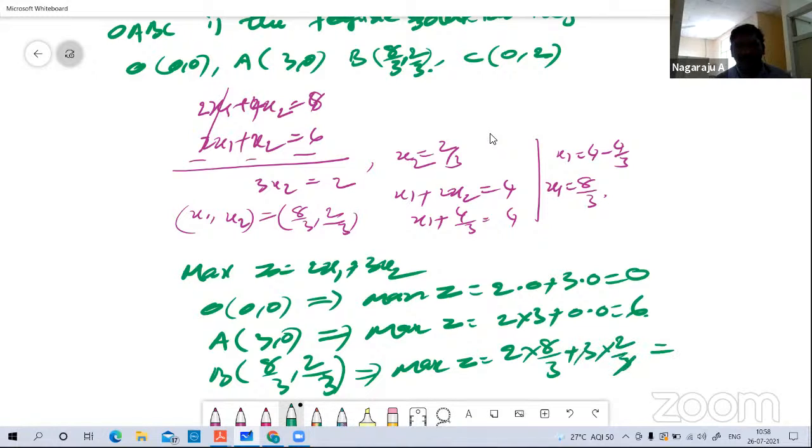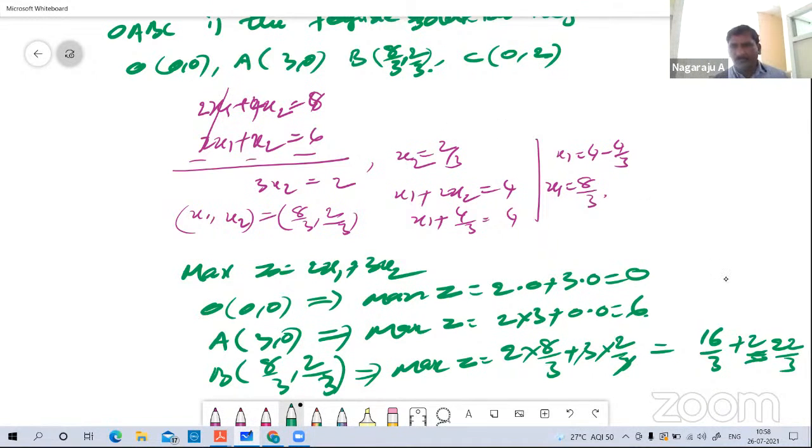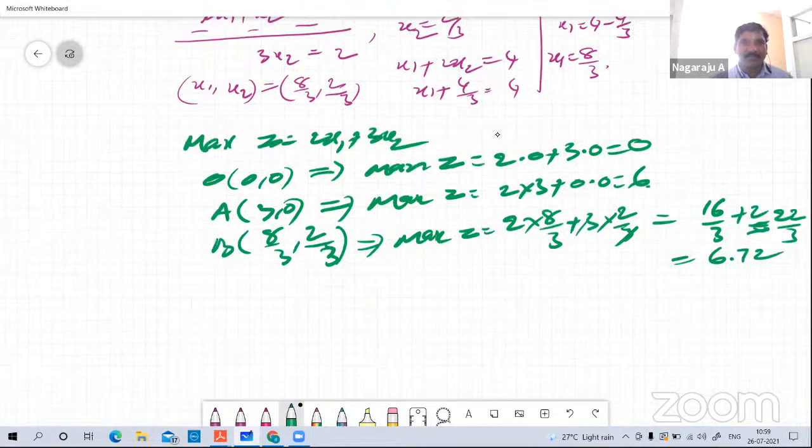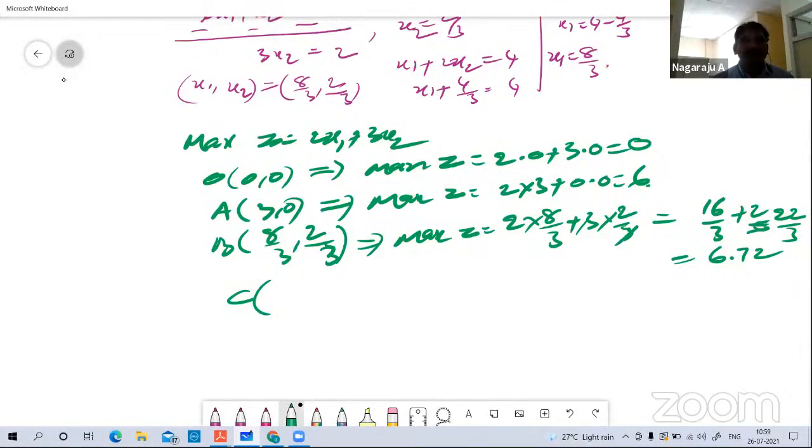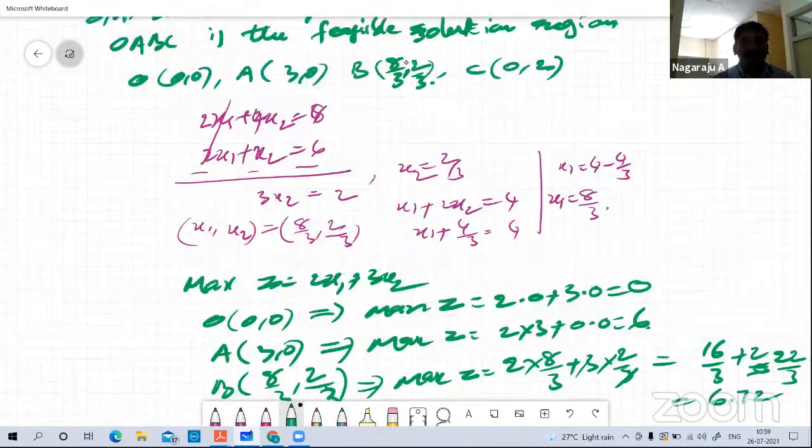So 16 by 3 plus 2, that is 22 by 3, which simplifies to about 6.7. Then the other point is C, which is 0 comma 2.